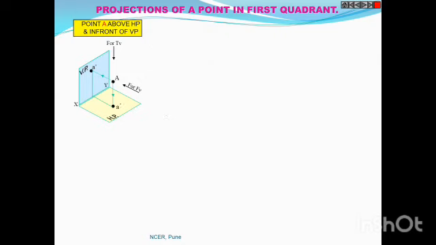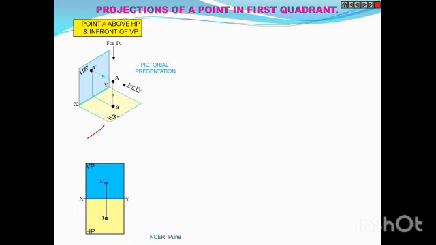Now, how to draw the projections, that is front view and top view, with respect to the xy line. So this is the xy line, and you can see here clearly the front view projection of a point is above the xy line, and the top view projection of a point is somewhat away from the vertical plane.